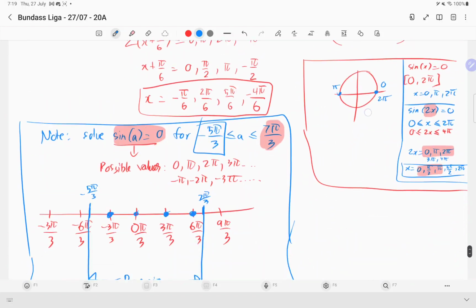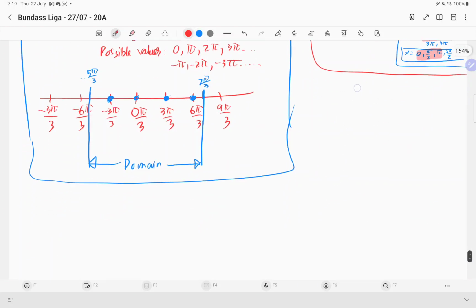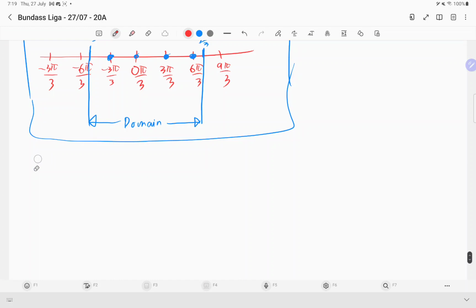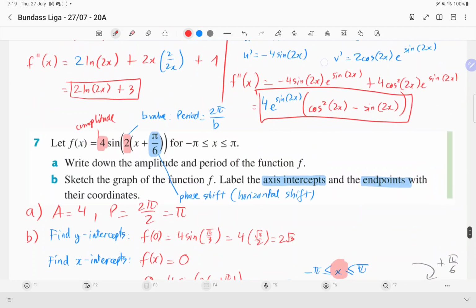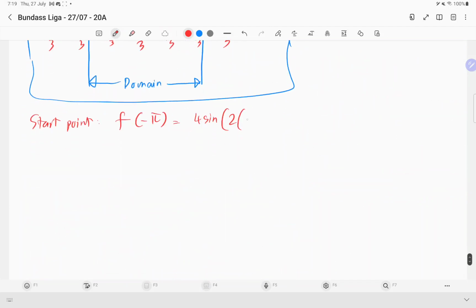Okay, endpoints. Let's see what the endpoints will be. So start point. The start point would be f at the lowest x value, which is negative pi. That would be 4 sine of 2 times x plus pi on 6, and x would be negative pi, so 2 times negative pi plus pi on 6.